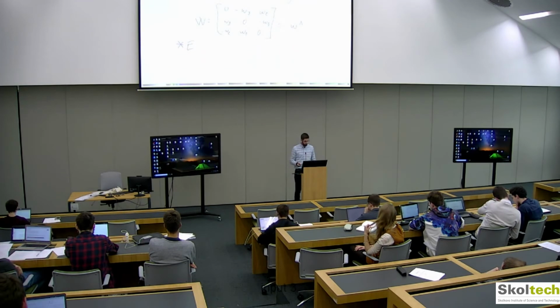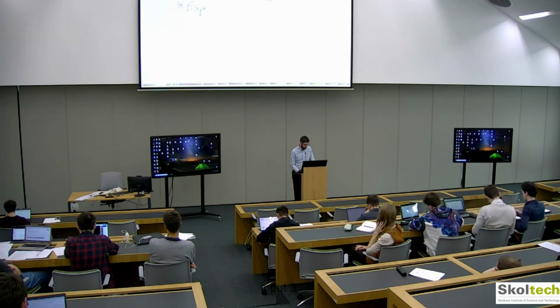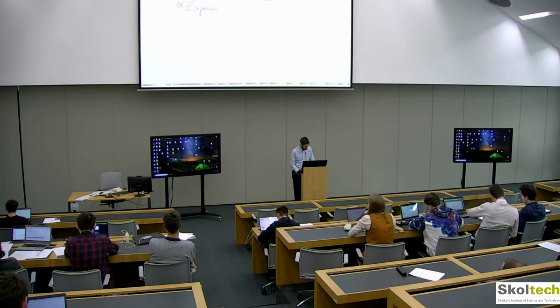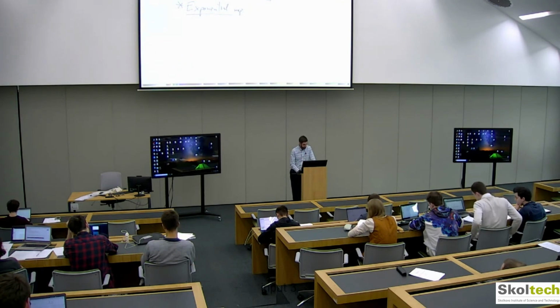Okay, so we have this. Now the second thing is what can we do? I'm going to define the exponential map. You will see in a moment what it is.